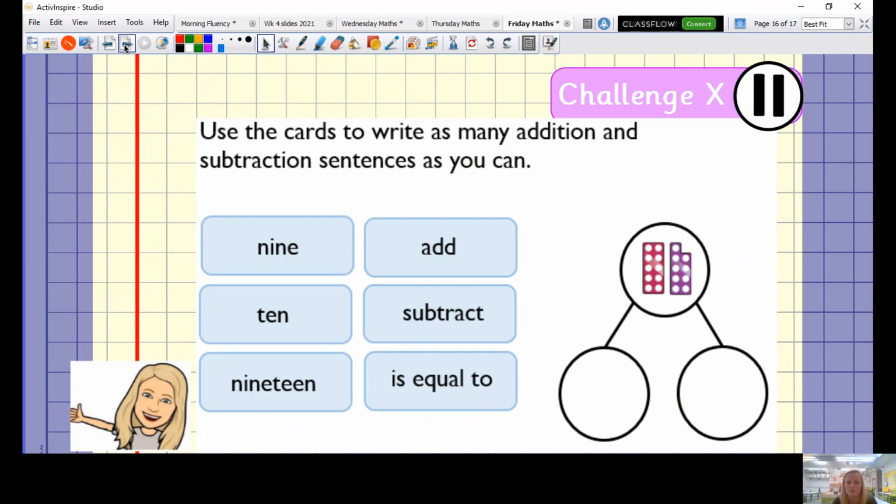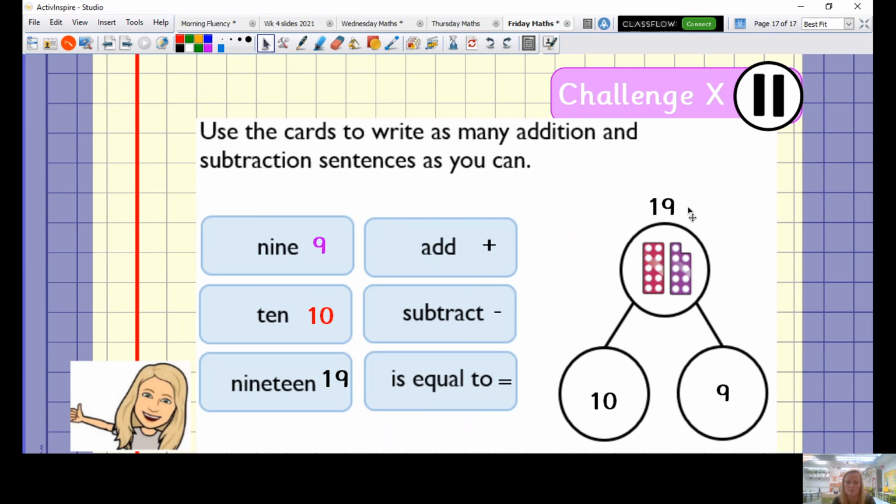So your final challenge today, your challenge X, is to use the cards, so the blue rectangles here with all these words, and write as many addition and subtraction sentences as you can. So we have the number 9, number 10, 19, add, so plus, subtract, and equal to.